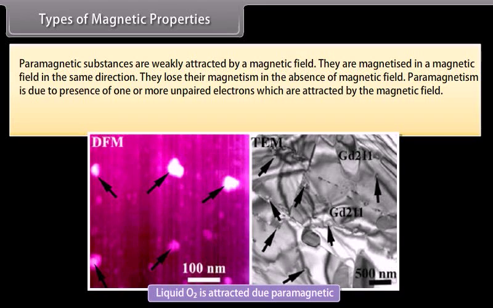They are magnetized in a magnetic field in the same direction. They lose their magnetism in the absence of the magnetic field. Paramagnetism is due to presence of one or more unpaired electrons which are attracted by the magnetic field. O2, Cu2+, Fe3+, Cr3+ are some examples of such substances.